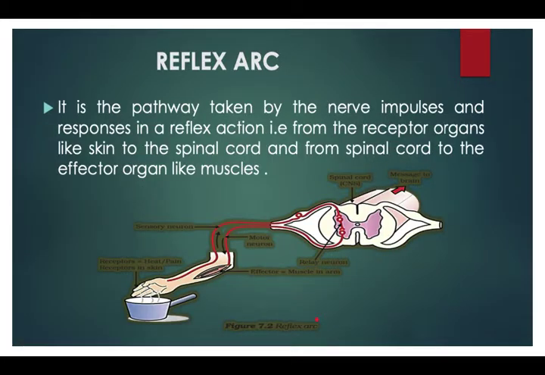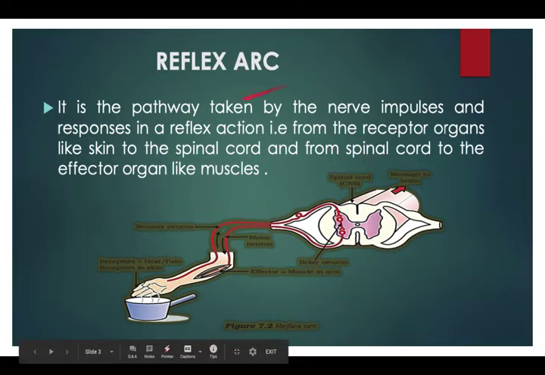Now, how does this reflex action take place? The path through which the impulse or stimulus moves in the form of information in this type of action is known as the reflex arc.